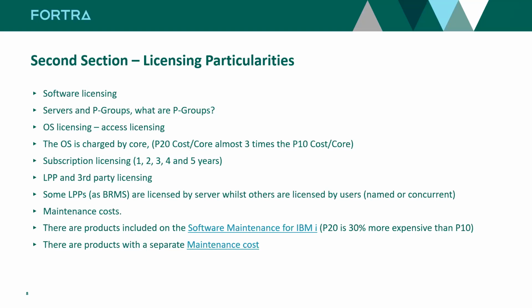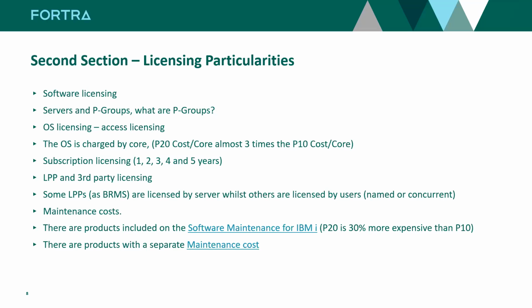Then you also have to buy a component called the access component for the P10, but if you have enough cores, it doesn't really make a difference. The access component is about 50K, so the licenses are, without the discounts and anything, around 15K for a P10 and 44K for a P20.